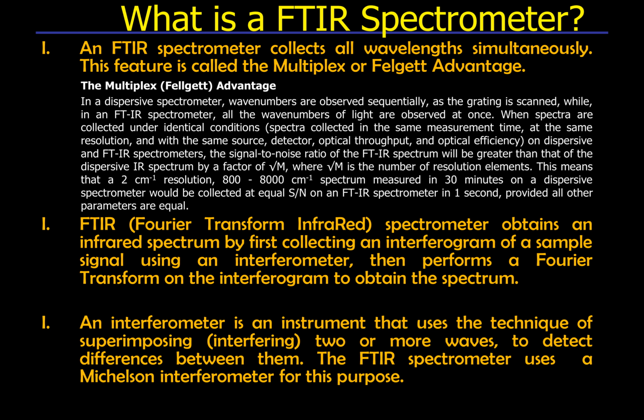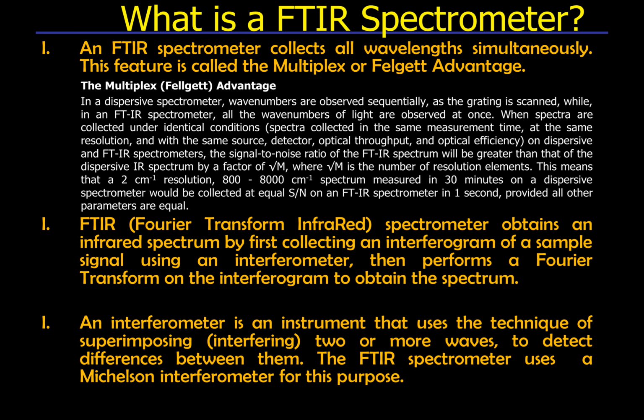When spectra are collected under identical conditions, that is, in the same measurement time at the same resolution with the same source, detector, optical throughput, and optical efficiency on dispersive and FTIR spectrophotometers, the signal to noise ratio of the FTIR spectrum will be much greater than that of the dispersive spectrum by a factor of root M, where M is the number of resolution elements.